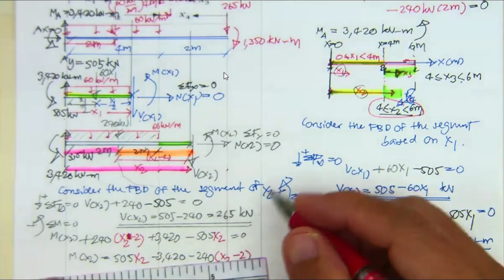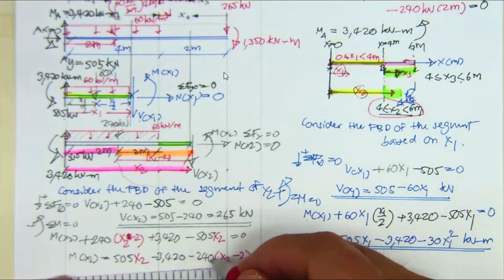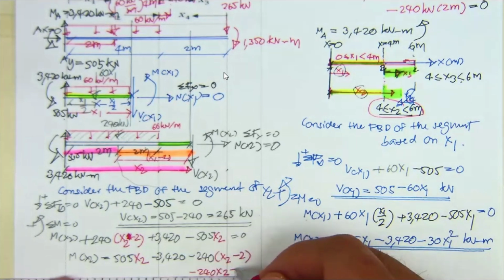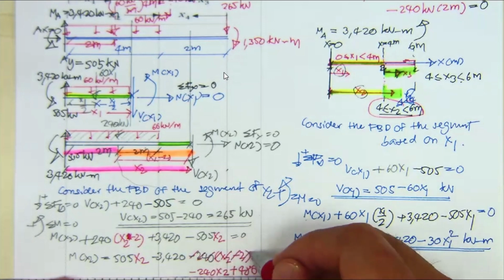Okay, and when we expand it, this one is minus 240 x2 plus 480. That's going to be for this term.